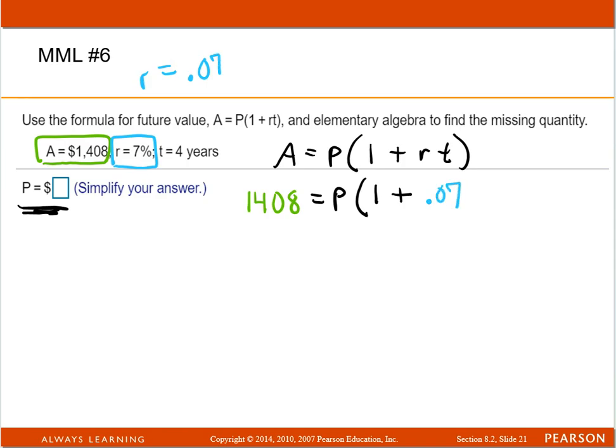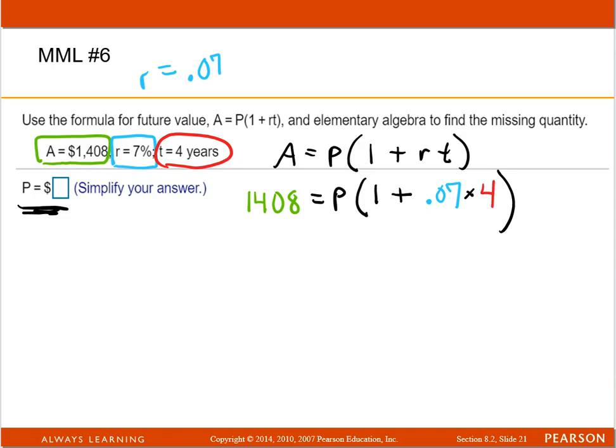So 0.07. And then you're going to multiply that times the number of years.